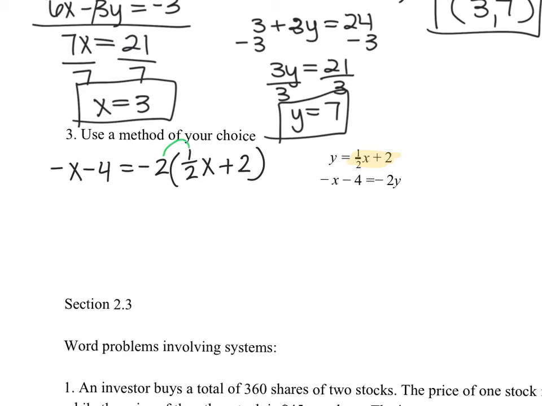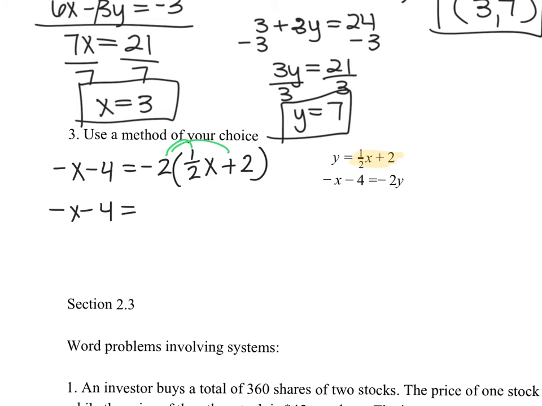Then I'm going to distribute the -2 into the parentheses. So we have -x minus 4, and then equals -2 times 1/2 is -1, so we get -x. And then -2 times 2 is -4. Now if I notice here, I have the same thing on both sides.